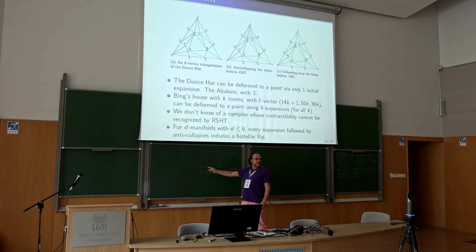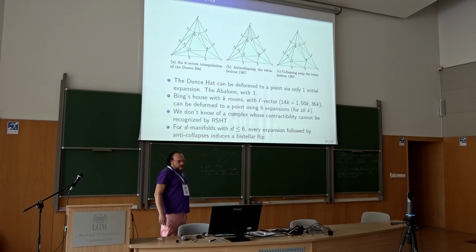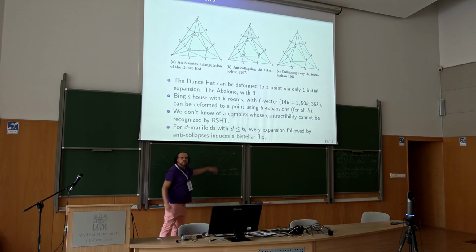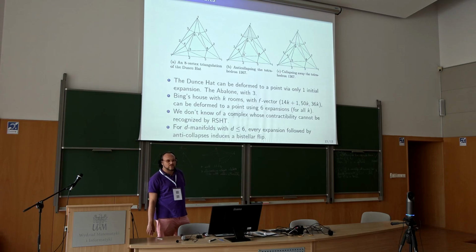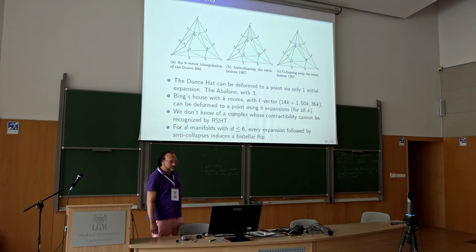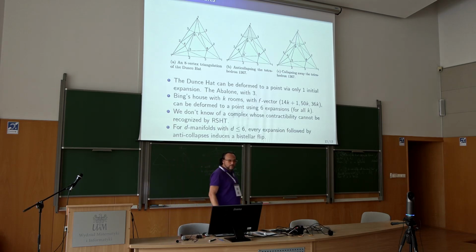So these are exactly the 2 cases. Basically, if you apply it to closed manifolds with no boundary, and the dimension is small enough, then this program is just doing bistellar flips. So this is a generalization of bistellar flips. However, this is only true for dimension smaller or equal than 6. On a surface, for example, what we're doing is exactly bistellar flips. But this applies to arbitrary complexes, of course.